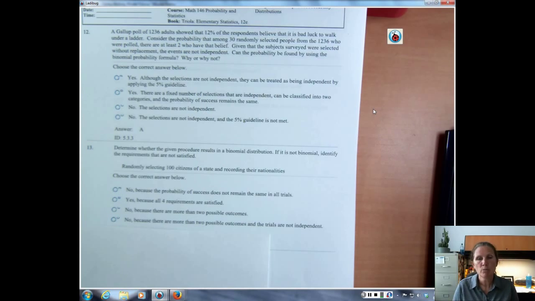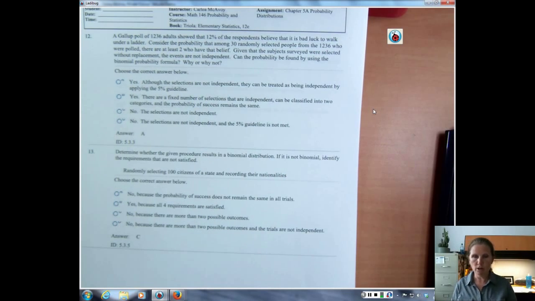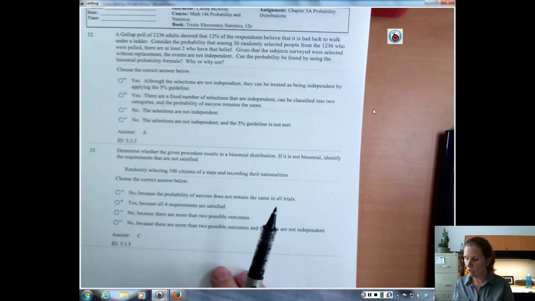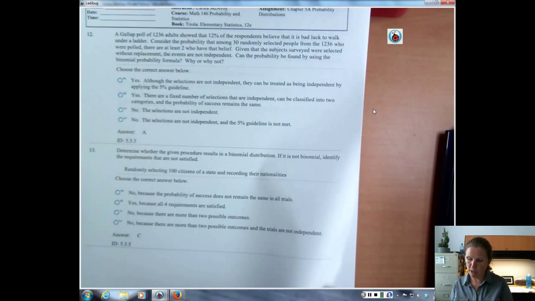We have the same probability of success, but the last part, recording their nationalities, wait a second, for a binomial distribution we need to have just 2 different outcomes, and there are a lot of different outcomes that can be happening if you're asking somebody their nationality. Since we have more than 2 outcomes, it does not suit our needs. It is not a binomial distribution.